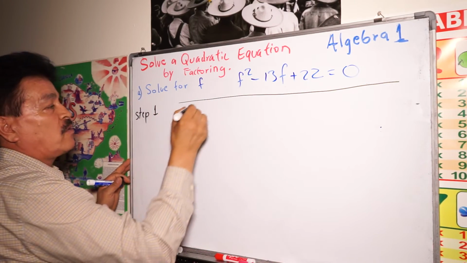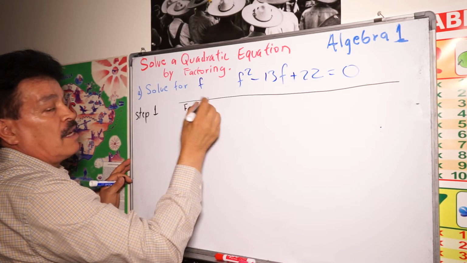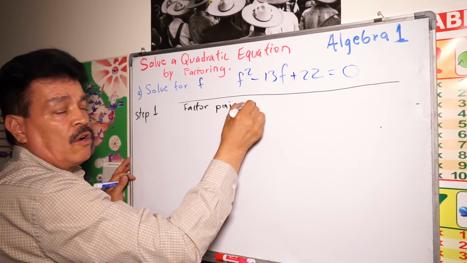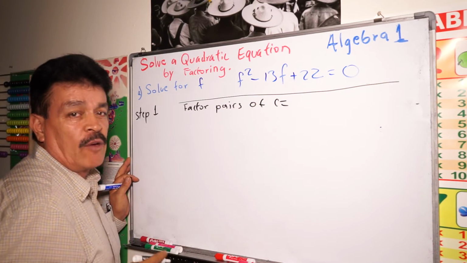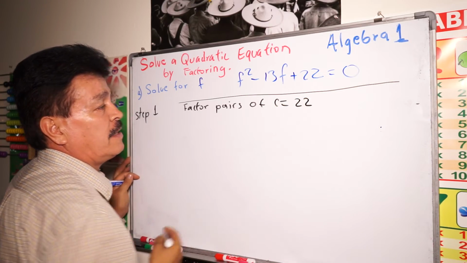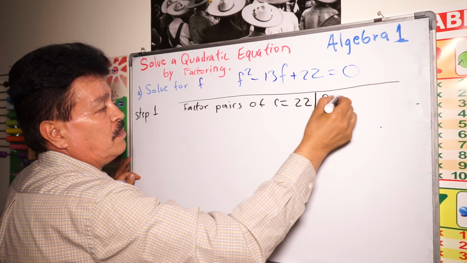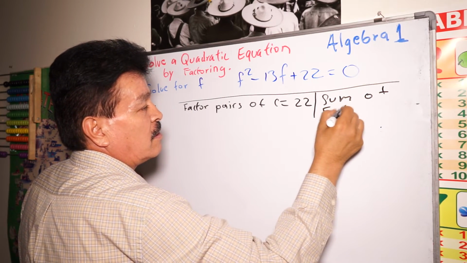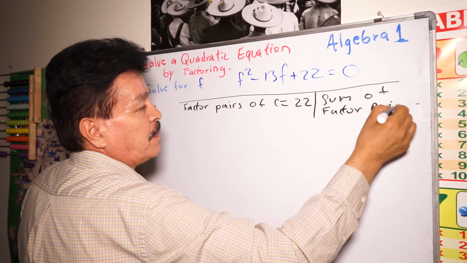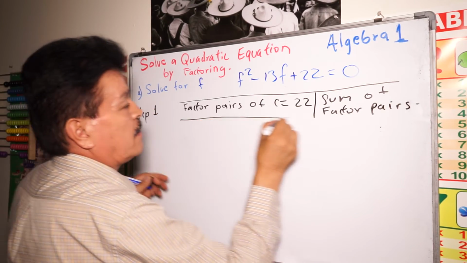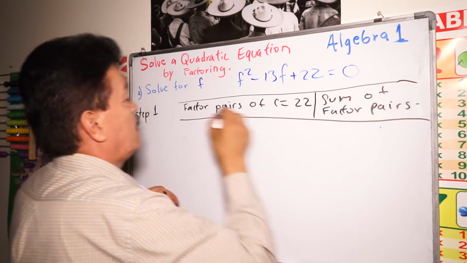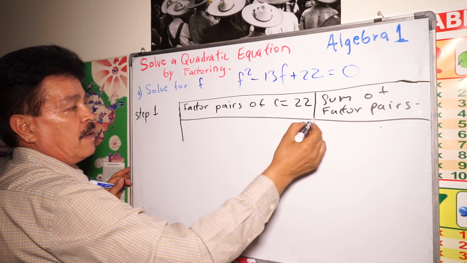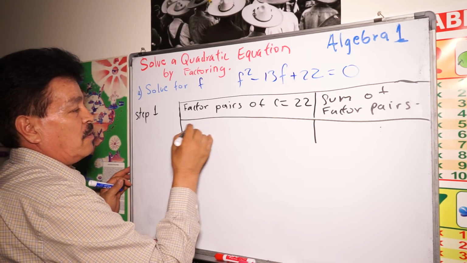Again, I want to write the factor pairs of c. In this case, how much is c? It is 22, right? And then on the other side, the sum of the factors.